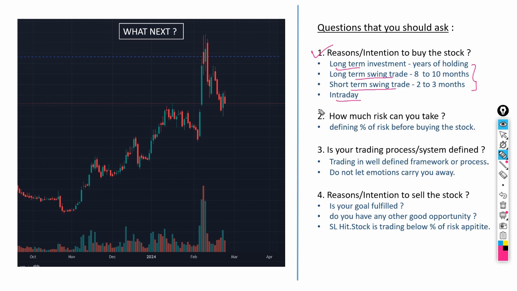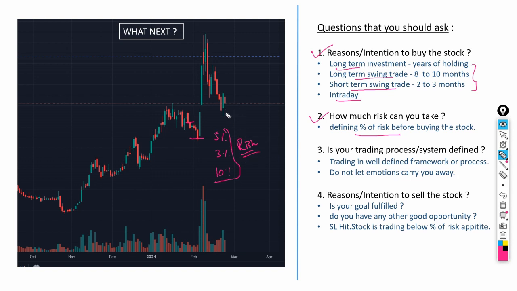Okay, the next question you should be asking is how much risk you can take. Defining the percentage risk before you buy the stock is very important. Whether you can take a risk of 5% or 3% or 10%, this risk should be defined before you take the position.